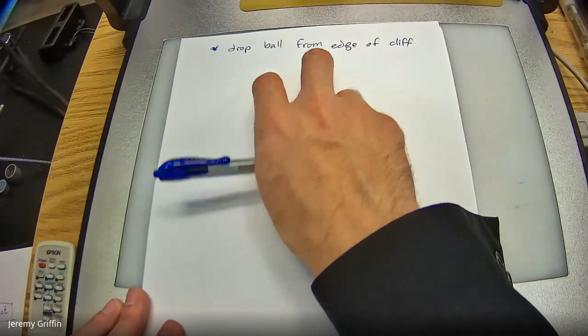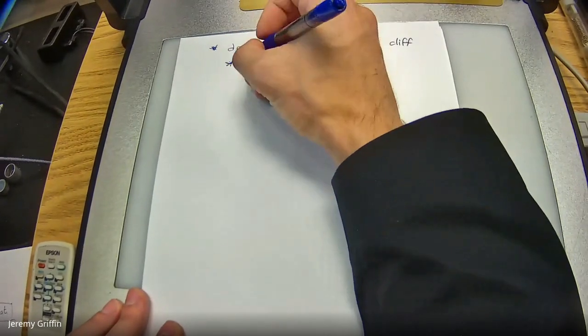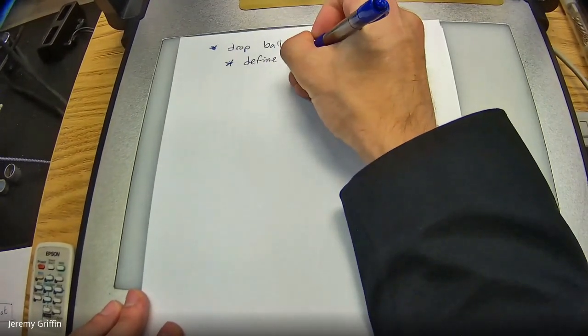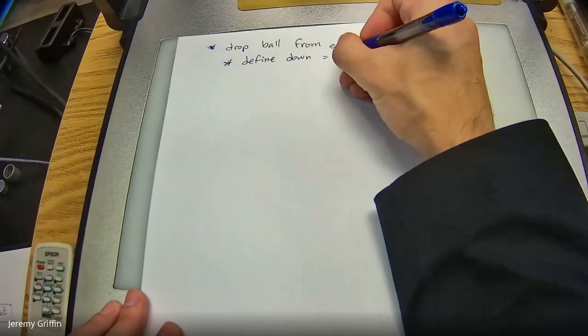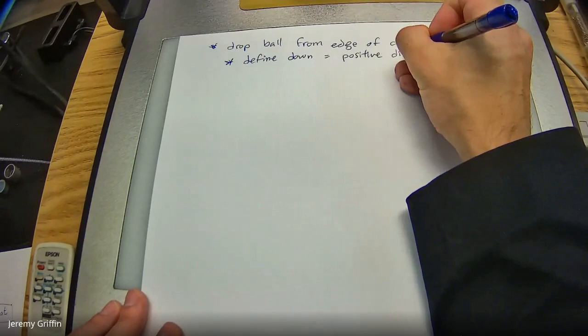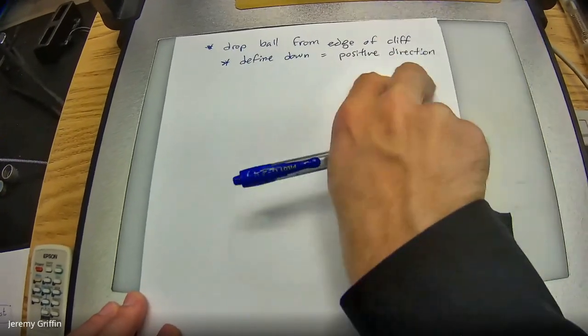Then, now I'm also going to say this. I'm going to define down as the positive direction. Now, that's arbitrary. It doesn't really matter.